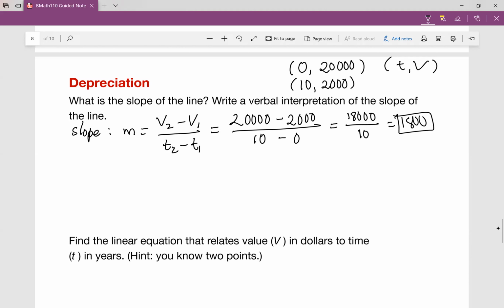Write a verbal interpretation of the slope of the line. So I can say every 1 year, because T is changing, the value decreases 1,800.